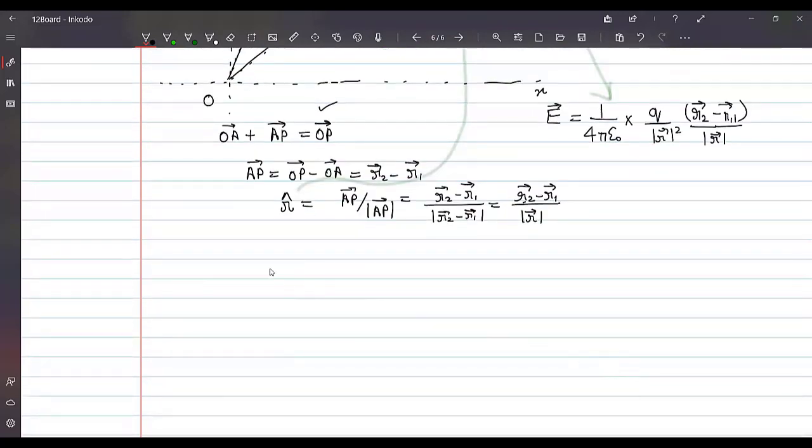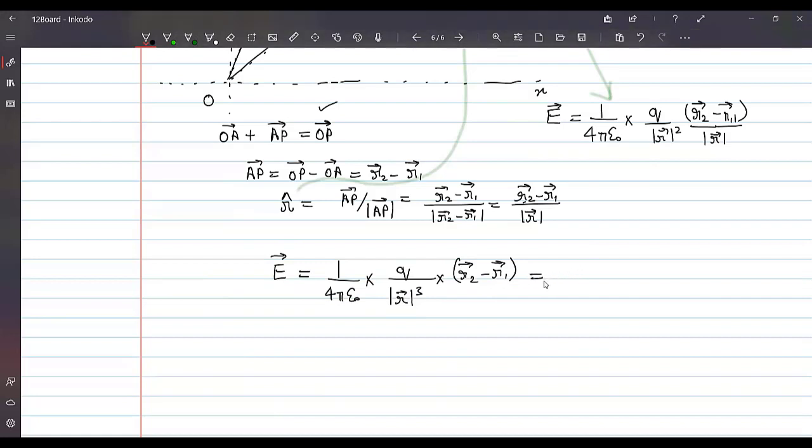The final formula that we get: electric field is equal to 1 by 4 pi epsilon naught Q upon mod of R cubed into R2 vector minus R1 vector. This is a vector quantity.